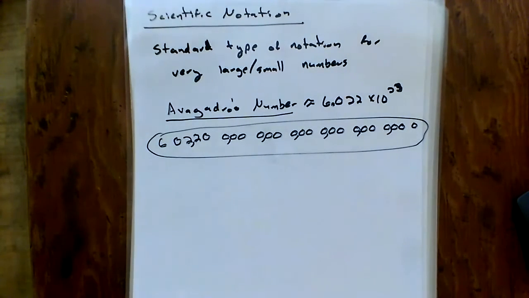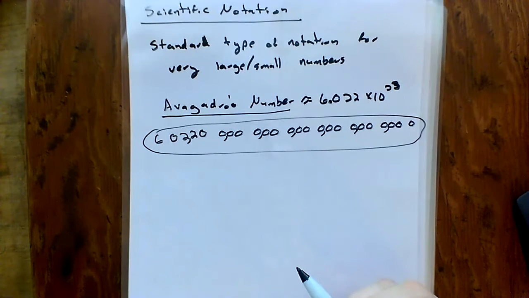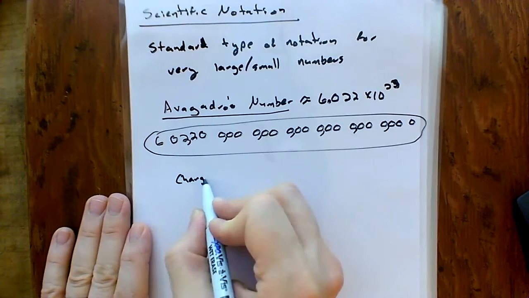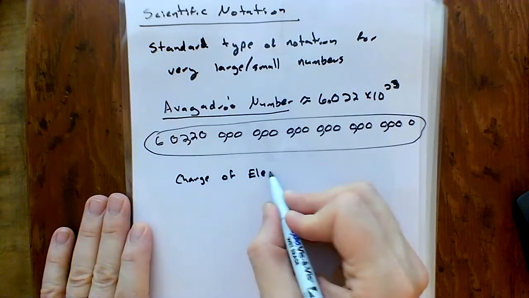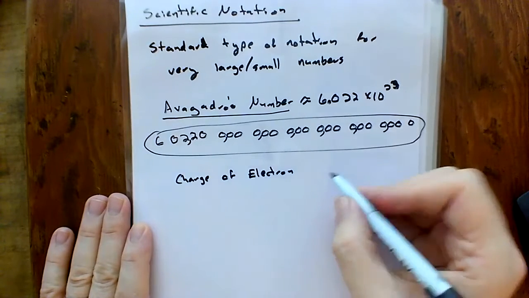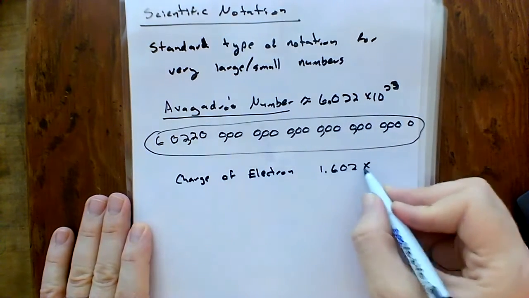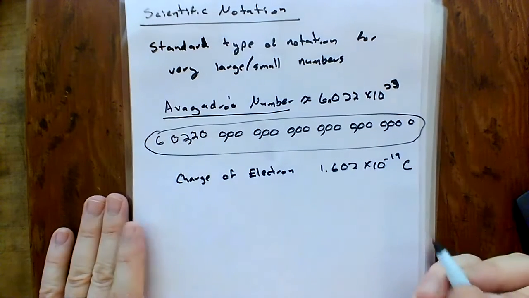Just as easily if I were working with some numbers that were also very small, like say the charge of an electron. The charge of an electron is 1.602 times 10 to the negative 19th Coulomb.